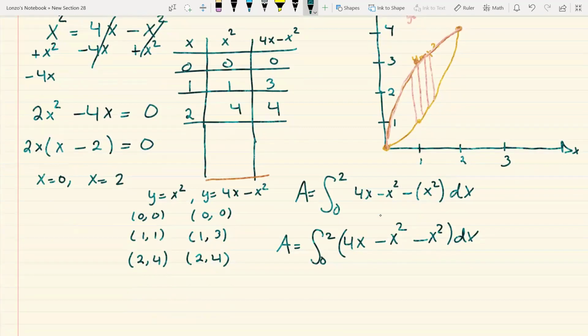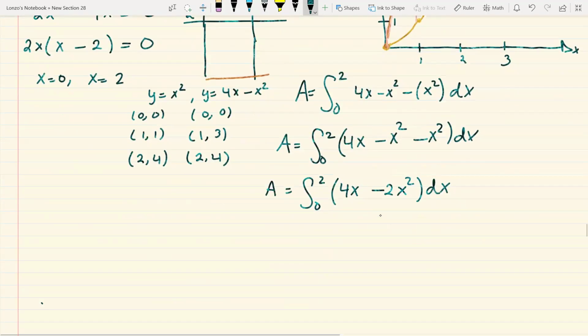Is there anything we can combine? Yes, we can combine the negative x squared. Okay, so negative x squared minus x squared is negative 2x squared dx. And then we just take the integration of each term.